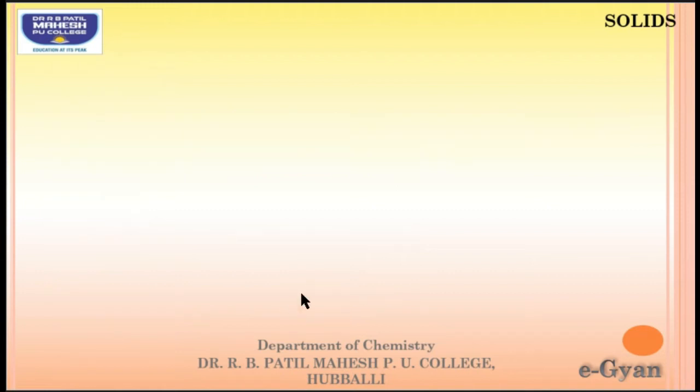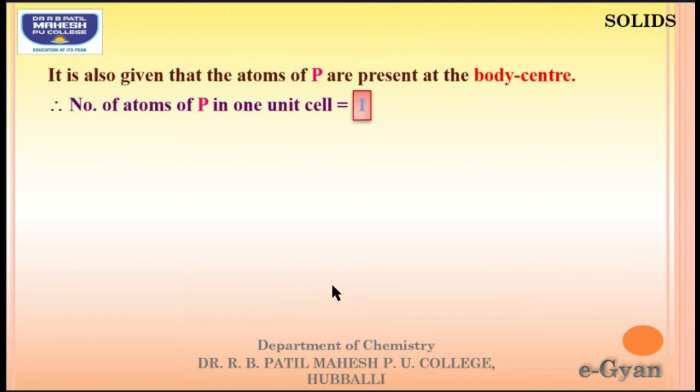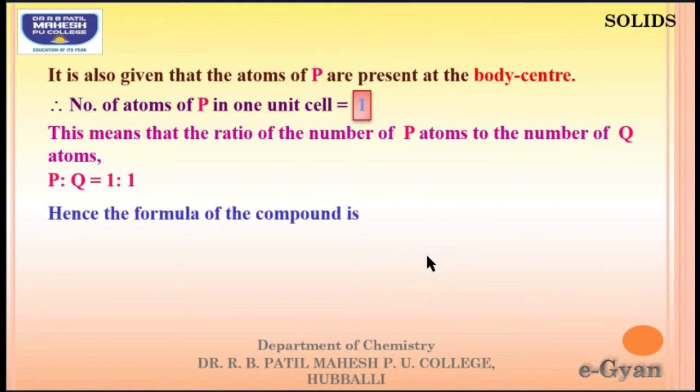And P is present at the body center. So the number of atoms present at the body center is equal to 1, and the contribution is also 1, hence the answer is 1. So now the ratio of P and Q will be 1:1, hence the formula is P1Q1, that is equal to PQ.